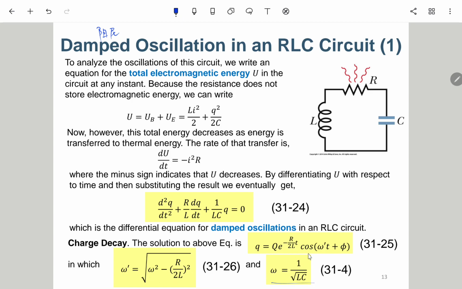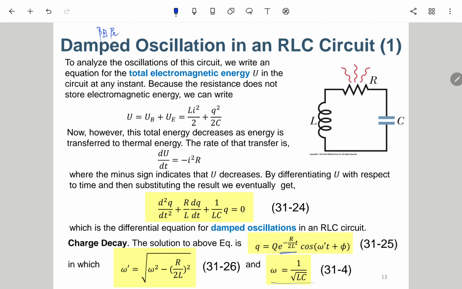So this is this part, and in the front we have an exponential of negative R over 2L times t. If your mathematics is good, you can have some feeling about that.